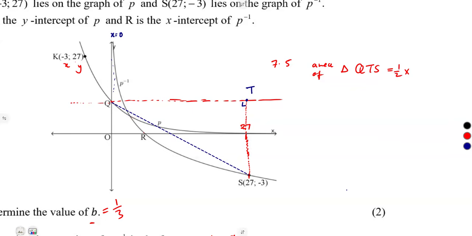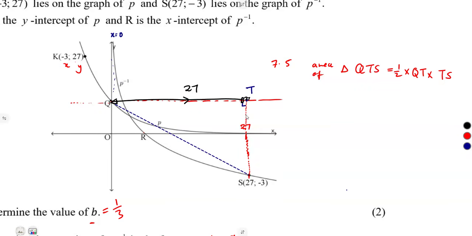Our base, that's QT, times the perpendicular height, which is TS. So what is the length of QT from Q to T? This length corresponds from 0 here to 27. This is 27. So all this part here is 27 units, all right?